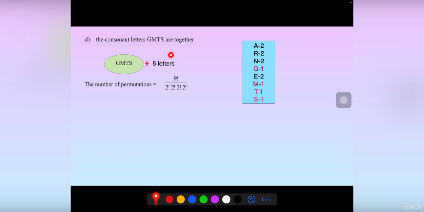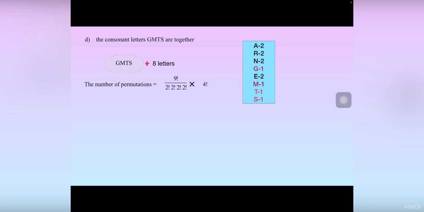Within these 8 letters, E occurs twice, so 2 factorial, R twice, so 2 factorial, and A, 2 factorial, times 4 factorial.